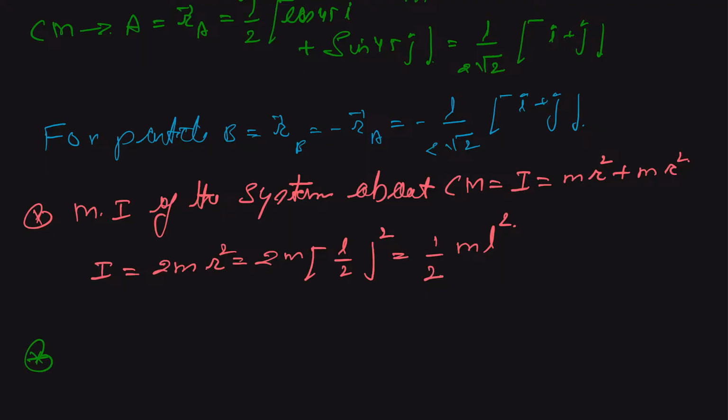Now we come to what is mentioned, that the incoming particle rebounds straight back along the original path. It means that the impulse delivered during the collision is purely along the x-axis, x direction rather.